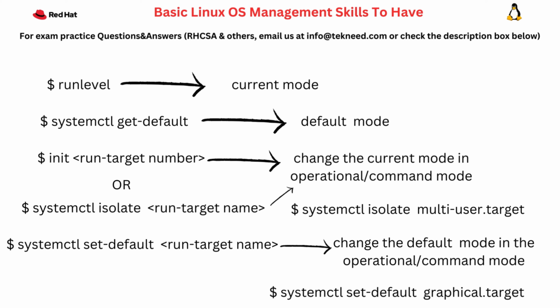And of course, you can verify that when you're done setting it by using the command systemctl get-default. So of course, we're also going to practicalize this in the action time section.